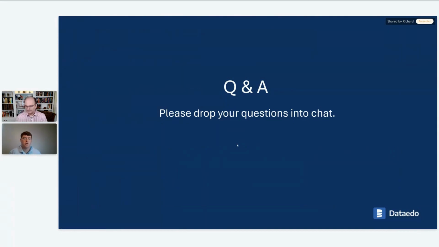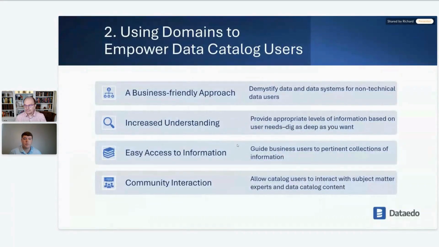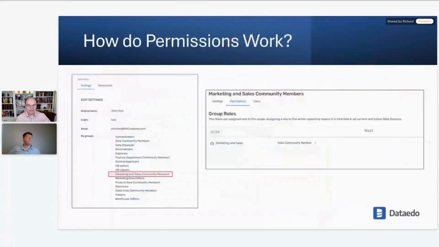Yeah, of course. So first question here is going to be from Sven. He was asking if there's an Active Directory integration when you were speaking about permissions, and then also on the piece of groups. Yes. So you can set it up so that your Active Directory groups correspond with your groups here in the Dataedo portal.